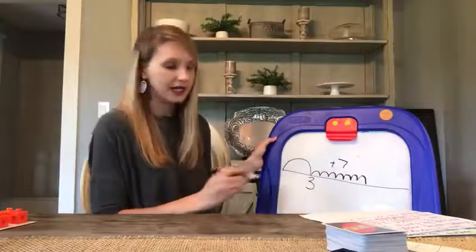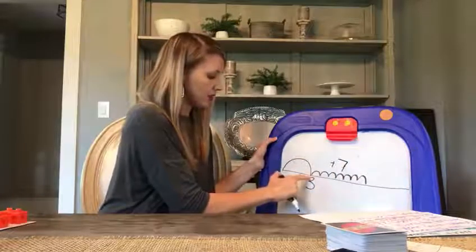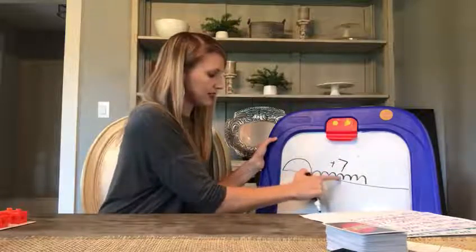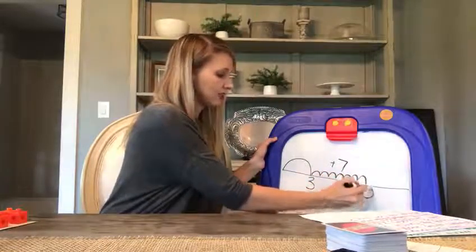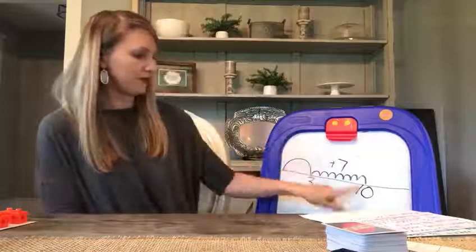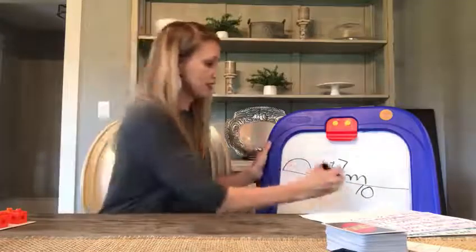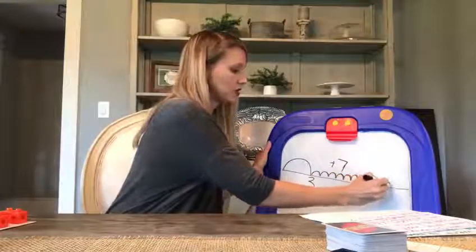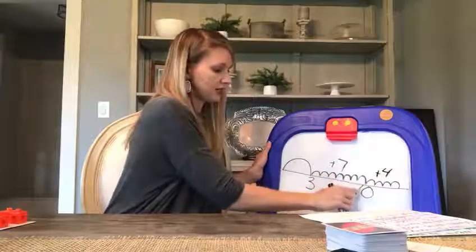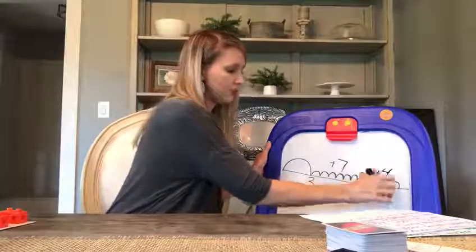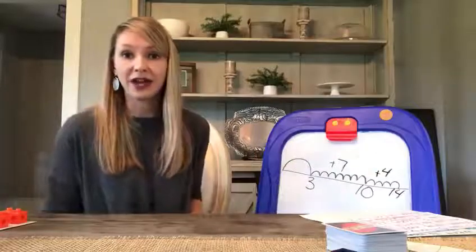So let's see how many that would be. So 3, 4, 5, 6, 7, 8, 9, 10. So I landed on 10. So 3 plus 7 is 10. And then I need to add those 4 squirrels. So 1, 2, 3, 4. So I added 4 more. So 10, 11, 12, 13, 14. That would be my 14 animals, okay?